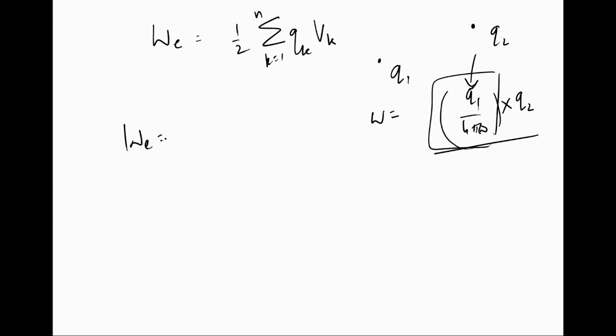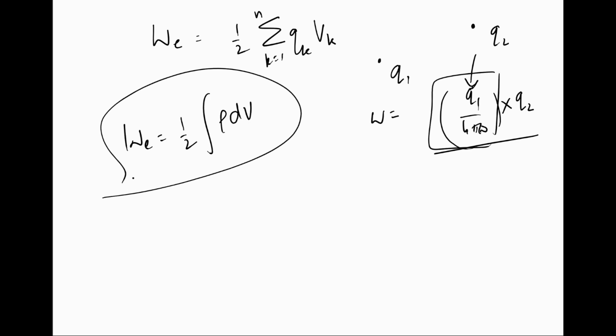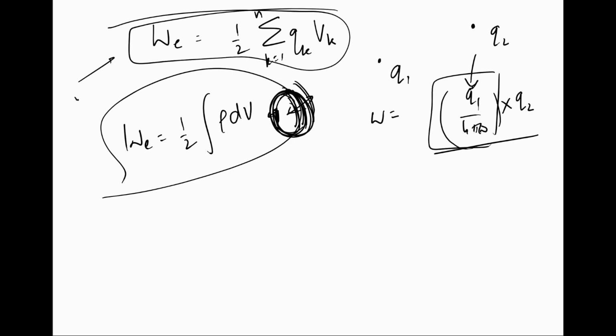However, the equation for the continuous charge distribution considers the energy of gradually adding all the charges. It takes into consideration the energy required to form a charge also. That is, it includes the energy of interaction plus the energy of building the charge, whereas the point charge equation takes care of the interaction energy only.